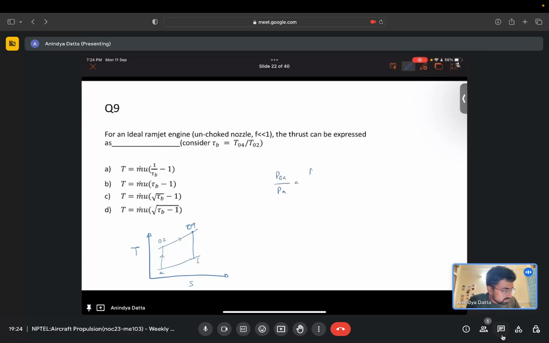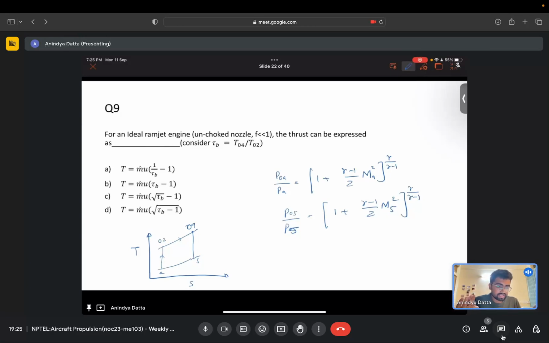P0A by PA is equal to (1 plus gamma minus 1 by 2 MA square) to the power gamma by gamma minus 1, and P05 by P5 is equal to (1 plus gamma minus 1 by 2 M5 square) to the power gamma by gamma minus 1. We are considering an ideal ramjet, and since it is ideal, gamma at the inlet and outlet is the same.